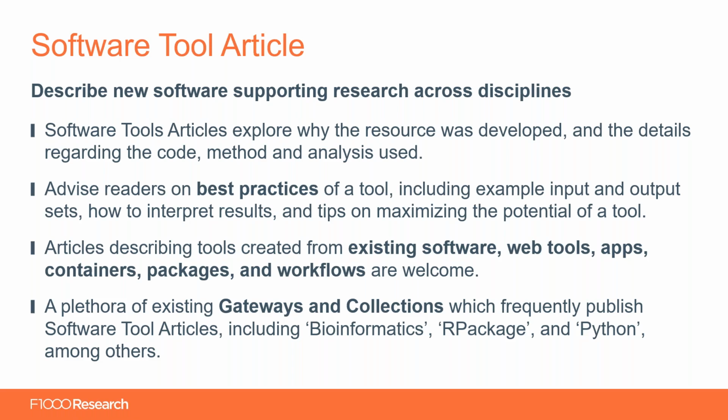The article would provide evidence and examples of suitable input data sets and include an example of the output that could be expected from the tool and how this output should be interpreted. We also encourage our authors to include tips and advice on how best to maximize the potential of a tool. And this in turn helps to drive the reproducibility of both the tool itself and the elements that highlight this within the research output.